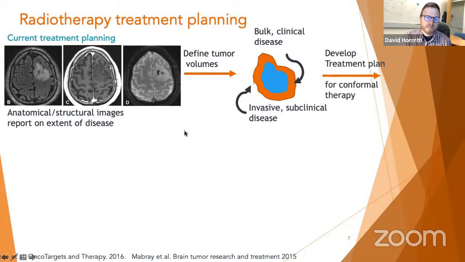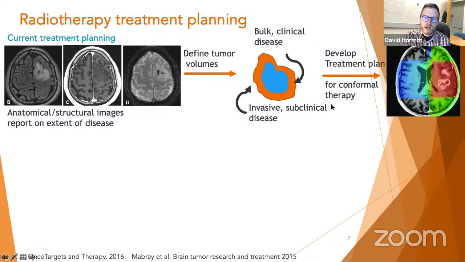From these tumor volumes, they can develop treatment plans for highly conformal radiation therapy, where basically they pass radiation beams in different directions to treat this tumor region while decreasing exposure to non-diseased parts of the brain.